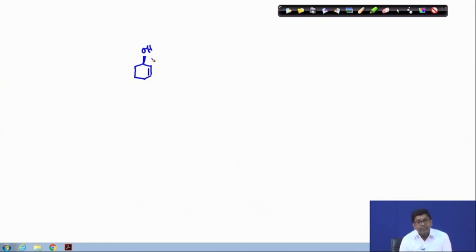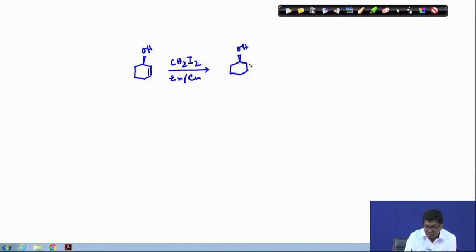If this kind of allylic alcohol is there, then in the presence of this Simmons-Smith reagent, this reaction is giving only one diastereomer. So, this is a highly stereospecific reaction.